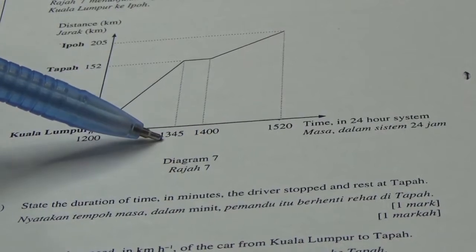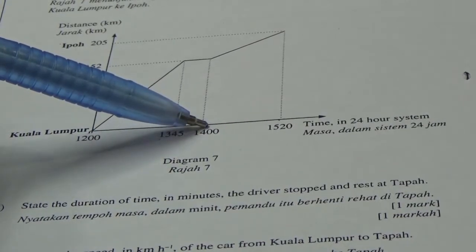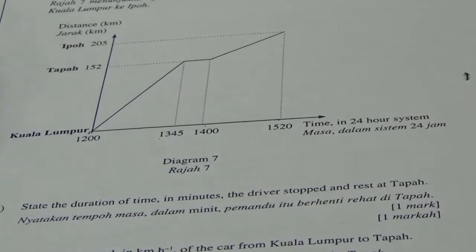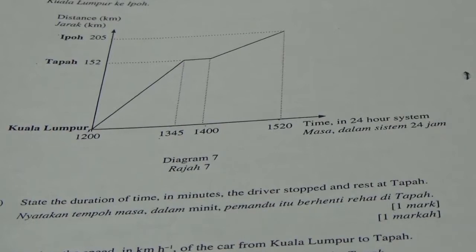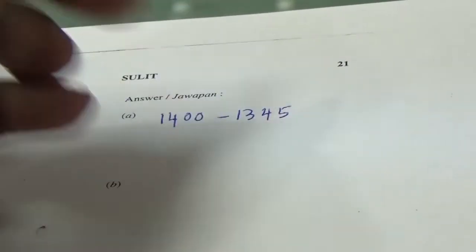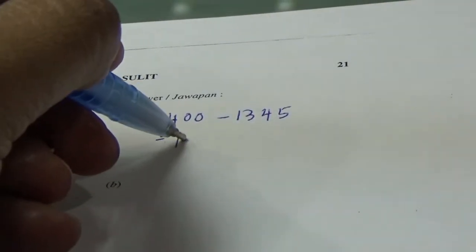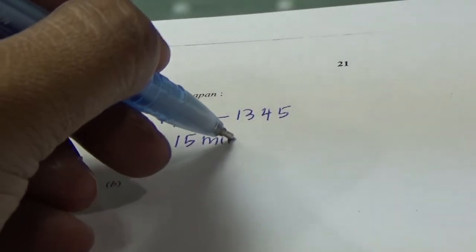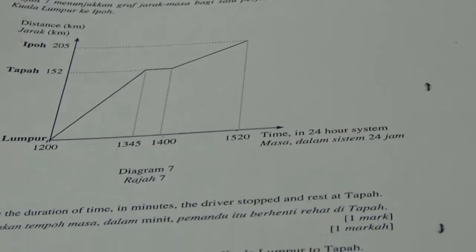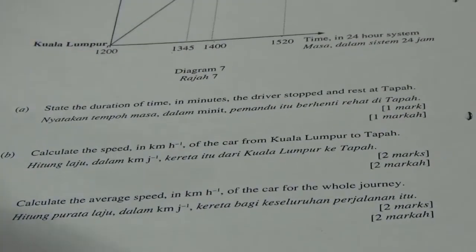So 1:45 to 2 o'clock would be the time that he stopped and rested at Tapah. So the duration of time in minutes would be 2 o'clock minus 1:45. That would give you 15 minutes.